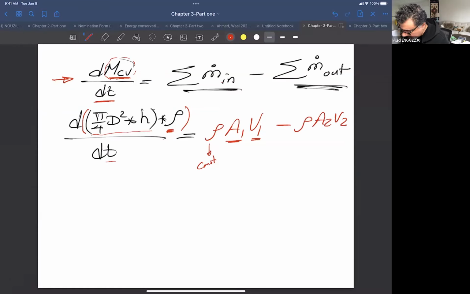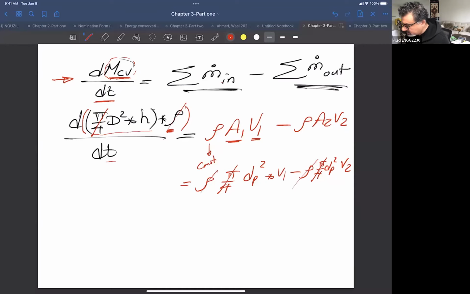The area is pi over 4 the diameter of the pipe squared, times V1, minus rho pi over 4 the diameter of the pipe squared, V2, right? It looks like the pi over 4 can be gone from the equation. And then we also have the density is constant, right?